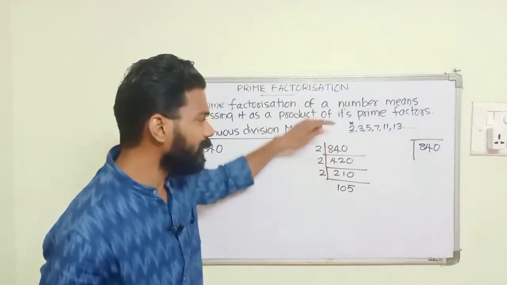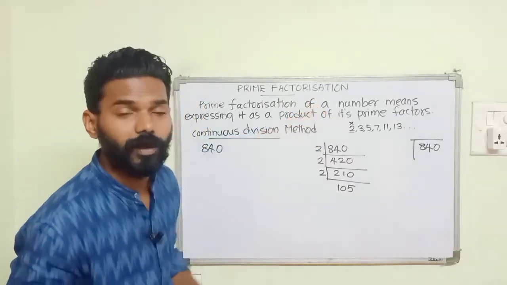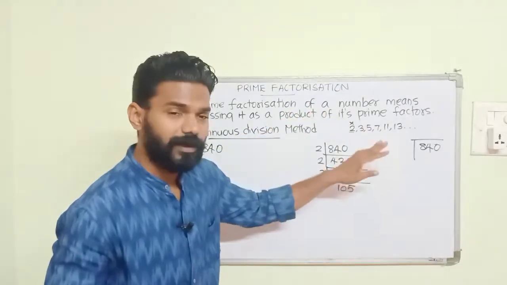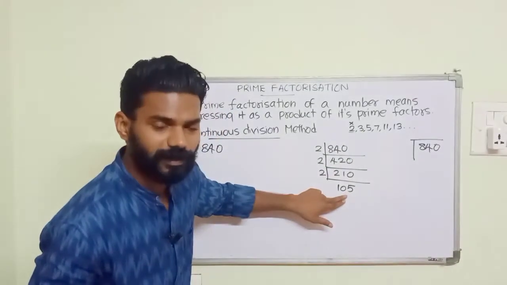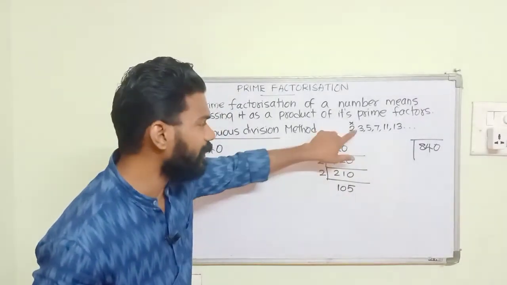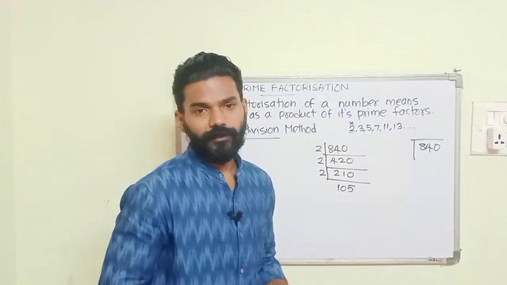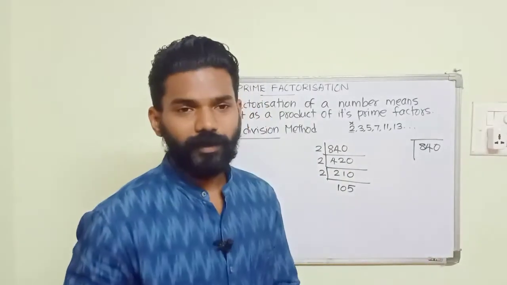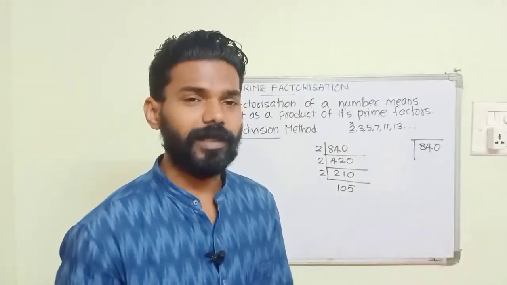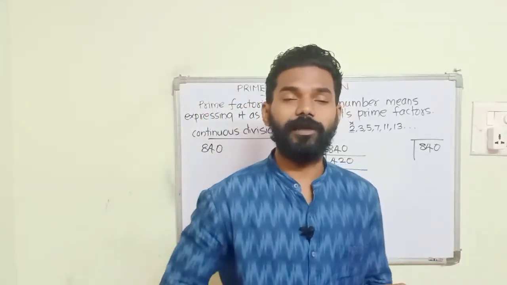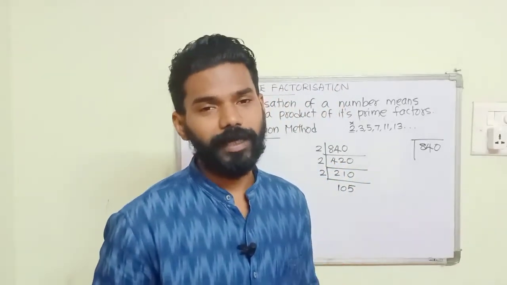Now once the division by prime number 2 is over, we need to check whether the number obtained is divisible by 3 or not. In the previous section of this same chapter we discussed the divisibility by 3.